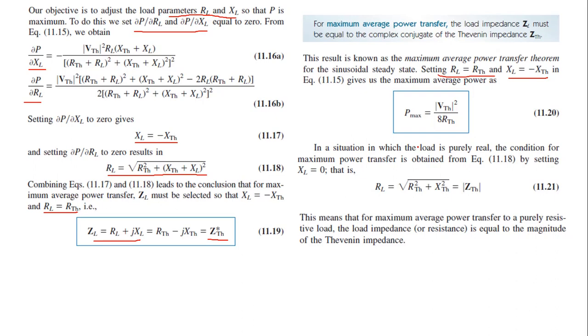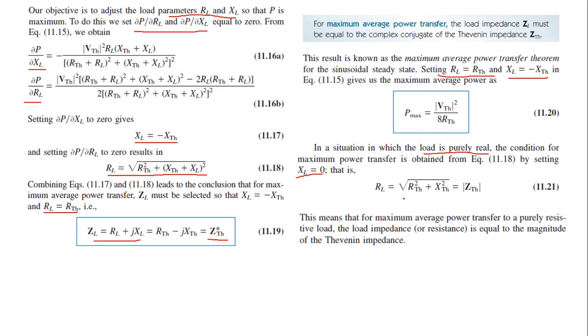If we have a load which is purely real, what does purely real mean? It means the load is purely resistive, completely resistive. We don't have any reactance associated with the load, so XL can be taken as 0.